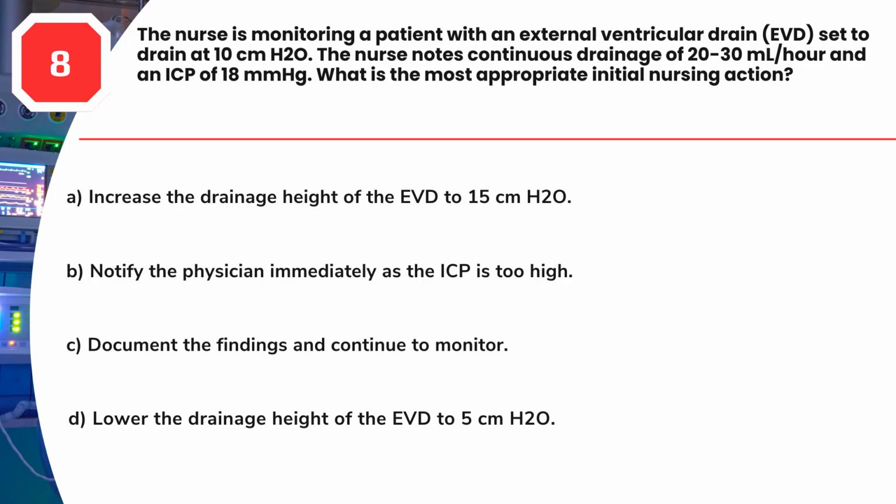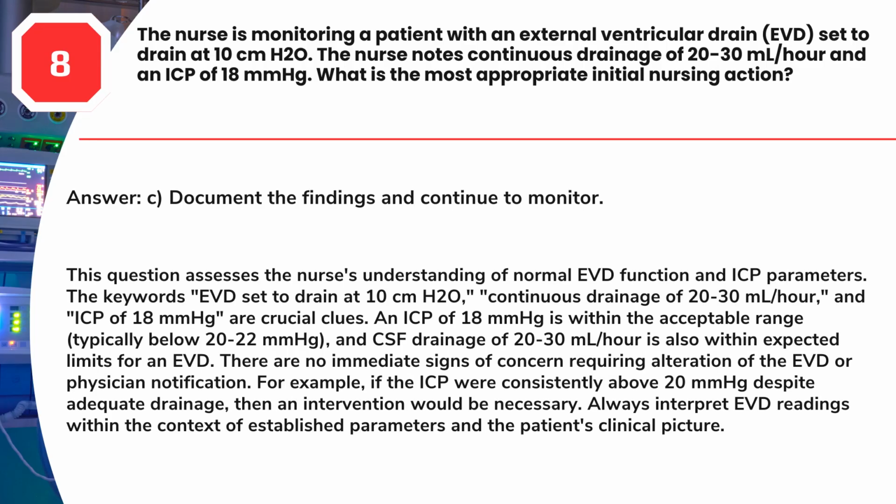A. Increase the drainage height of the EVD to 15 cm H2O. B. Notify the physician immediately as the ICP is too high. C. Document the findings and continue to monitor. D. Lower the drainage height of the EVD to 5 cm H2O.